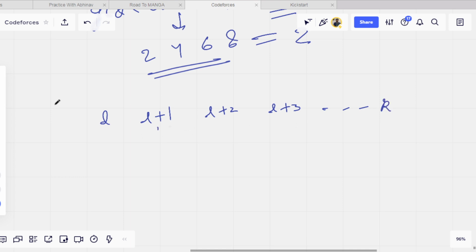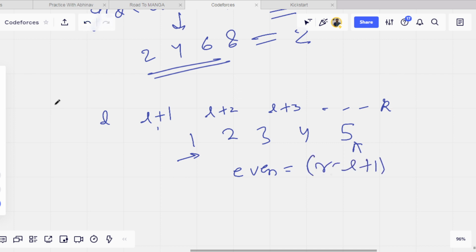You can find that if the first number and the last number, meaning L and R, are both odd, the number of even numbers is (R minus L plus 1) by 2, and odd numbers are 1 more than even numbers.